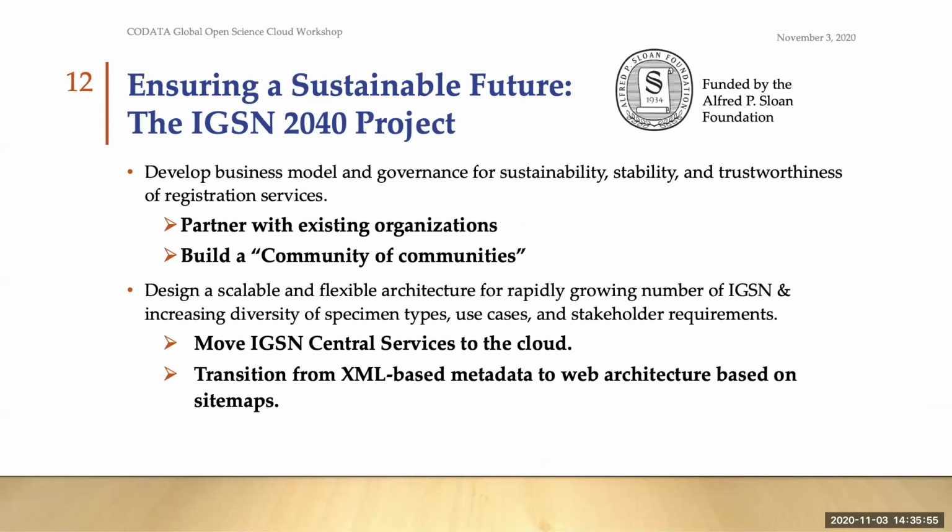So over the last 2 years, we have been undergoing a strategic planning effort that has been generously funded by the Sloan Foundation to create a sustainable business model for this organization, and to design a more scalable and flexible architecture that can scale to new communities that want to use the system as it moves beyond the geosciences into other sciences like bio and archaeology and so on. And we are in the process of moving these services to the cloud and transitioning to a semantic web architecture.